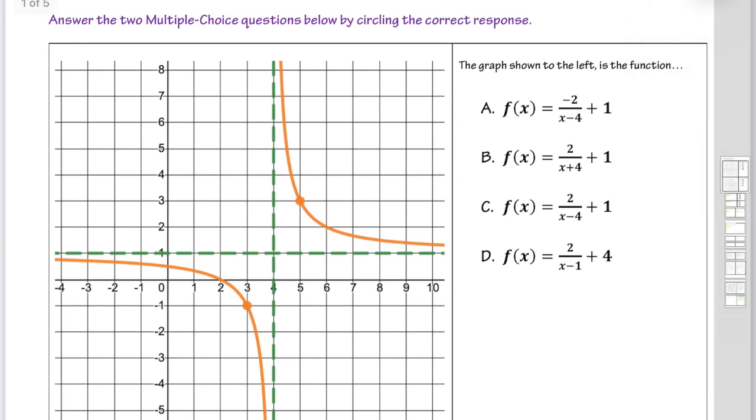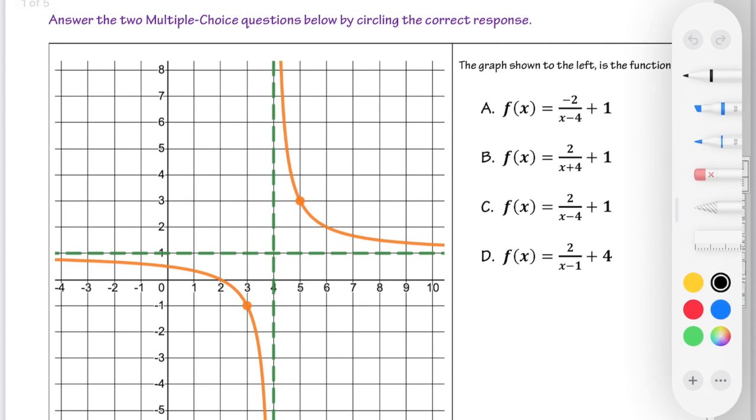All right, so in the first question, we are given a graph of a rational function, and we need to decide which equation best matches the graph. One of the most helpful characteristics of a rational graph we can look at is the asymptotes. I'm going to start by looking at the vertical asymptote, which I see is at x equals 4.